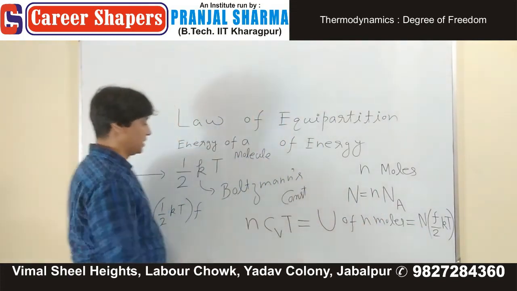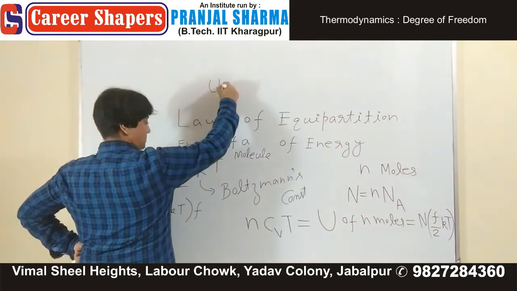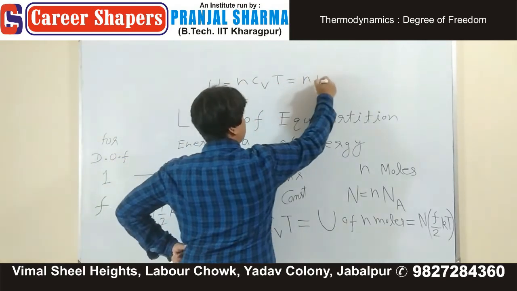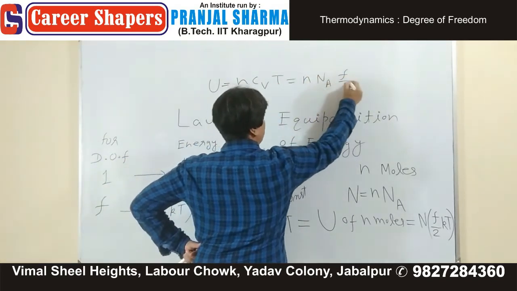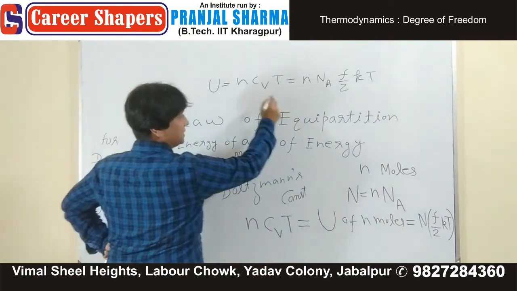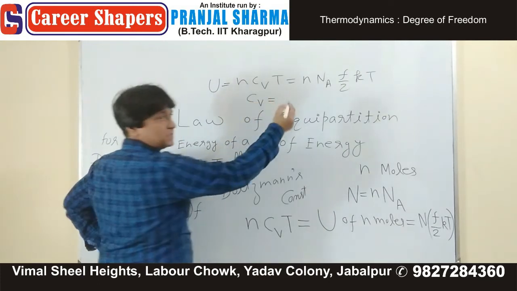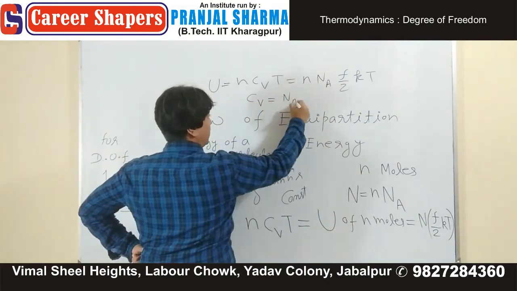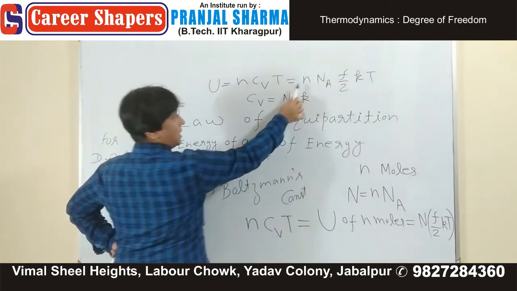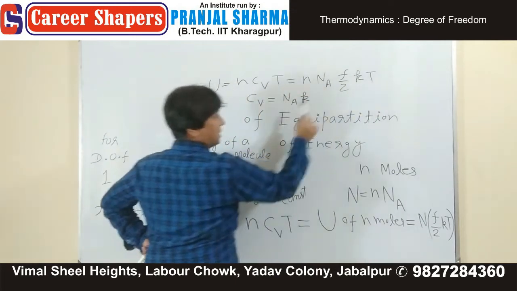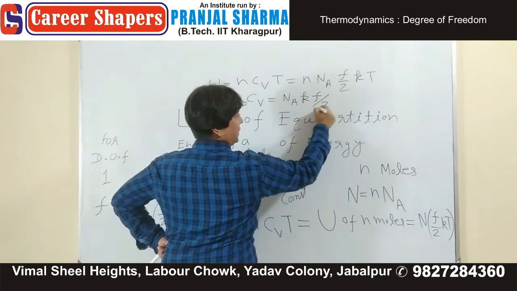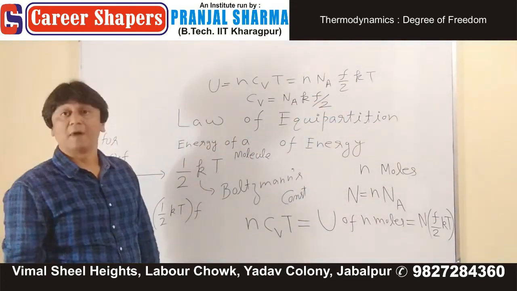Let me write down this over here. The U you're getting is what? nCvT, which is n into Na, F by 2 kT. nT cancelled. Your Cv is coming Na multiplied by k, n gone, T gone, Na multiplied by k into F divided by 2.